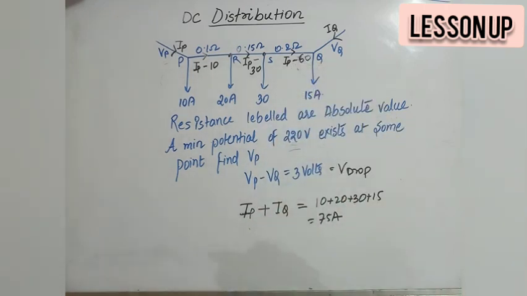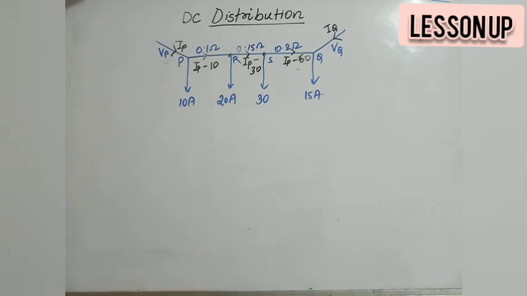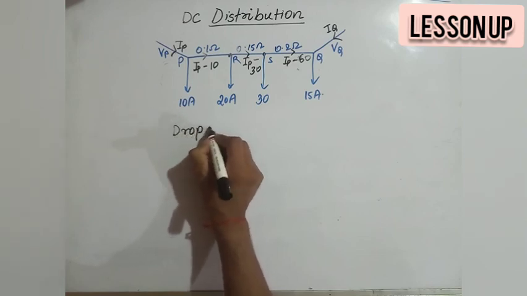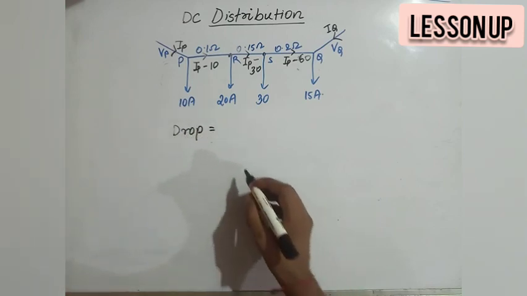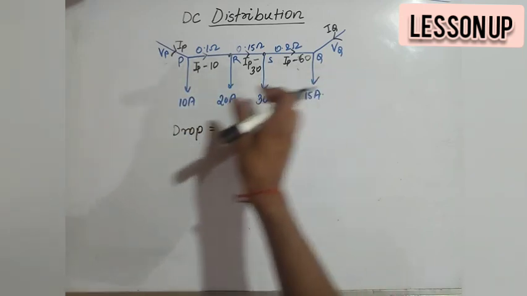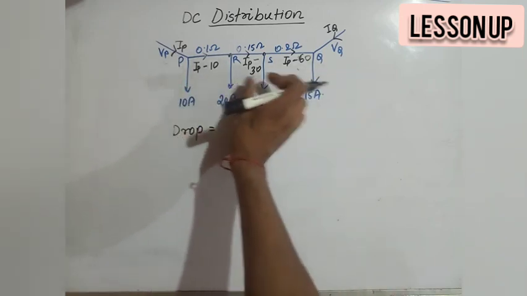Okay. If we write the equation of voltage drop, what will be the drop between P and Q? That is the drop between each section.